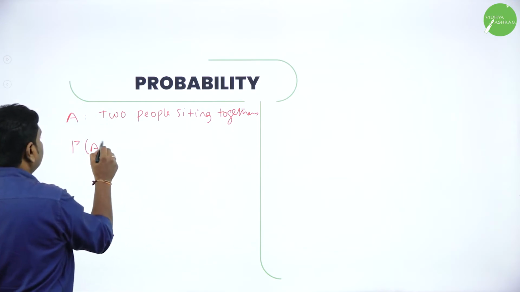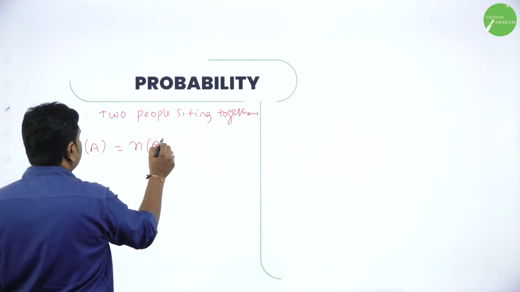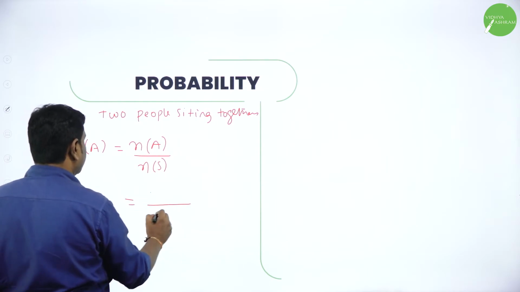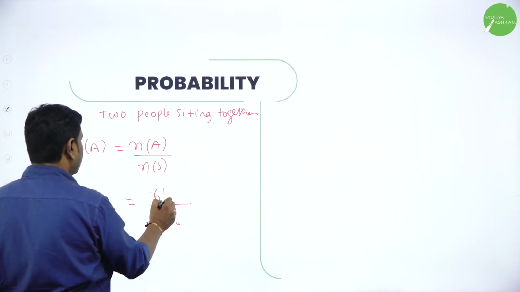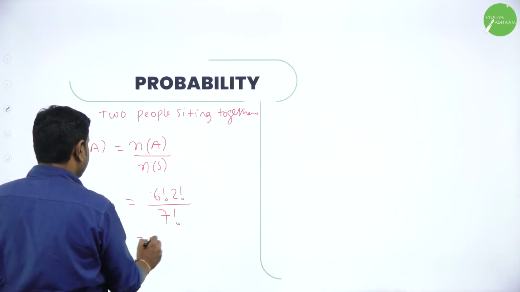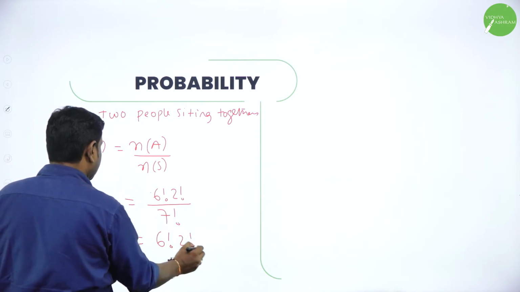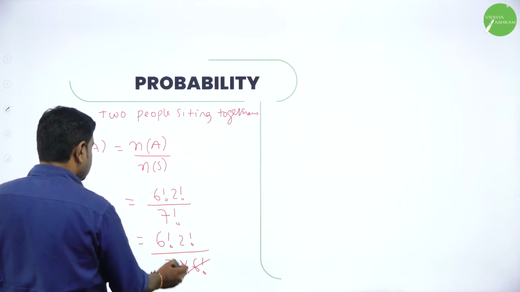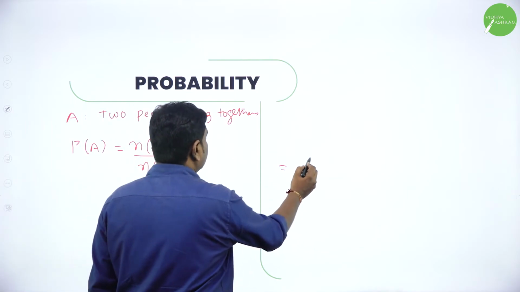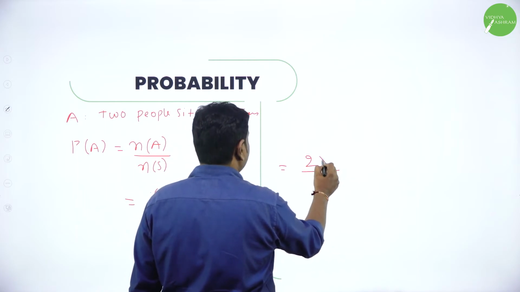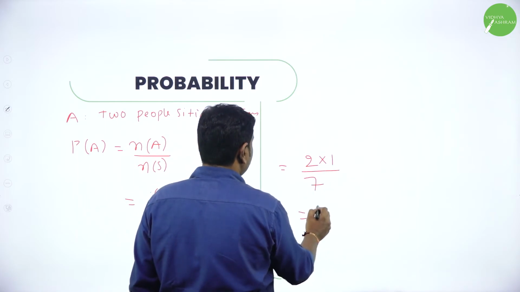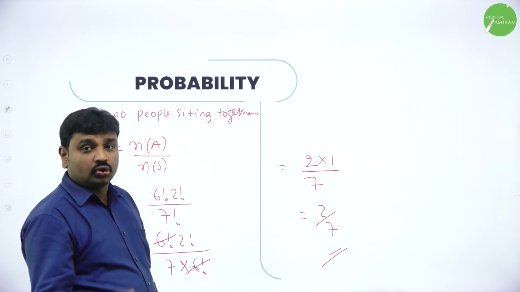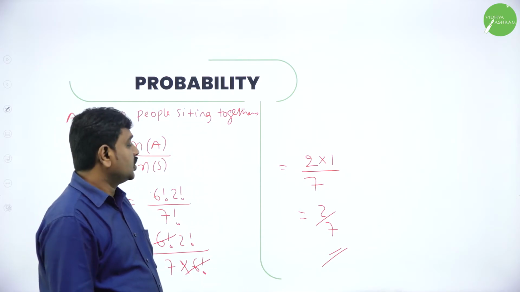So P of A is N of A by N of S. Total number of possibilities in denominator, that is 7 factorial. Numerator 6 factorial into 2 factorial. Simplify this. 6 factorial into 2 factorial divided by, can I write 7 into 6 factorial? So 6 cancels. I am left with 2 divided by 7. So 2 by 7 is the probability. Probability that 2 particular persons sit together is 2 by 7.